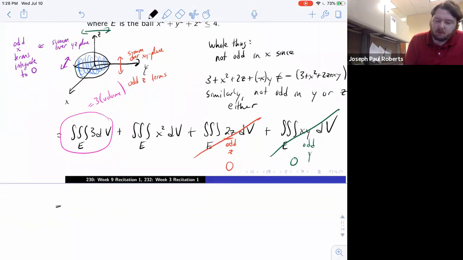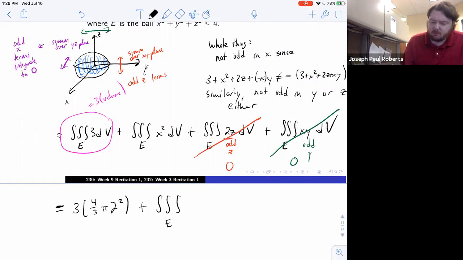So overall, what we've been able to do is reduce the amount of work we have to do to just 3 times the volume of that ball, so 4/3 pi radius cubed, not squared, cubed, and then plus the triple integral of x squared. Unfortunately, x squared is not odd with respect to anything, so we are actually going to have to do that.